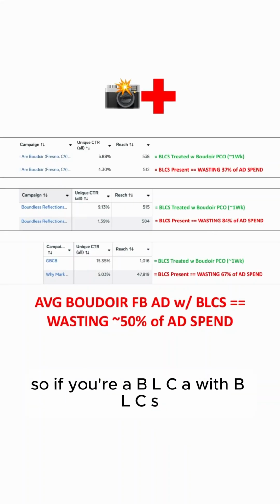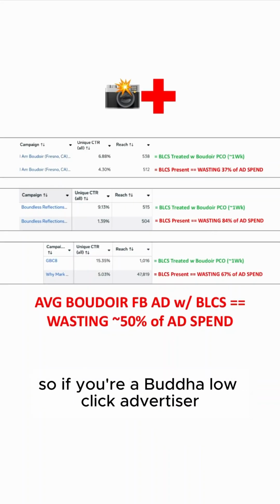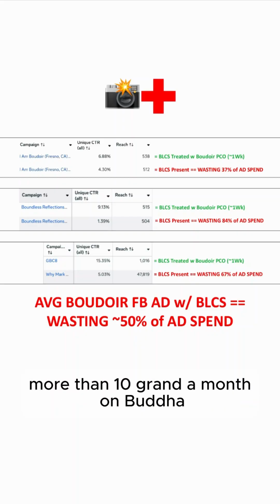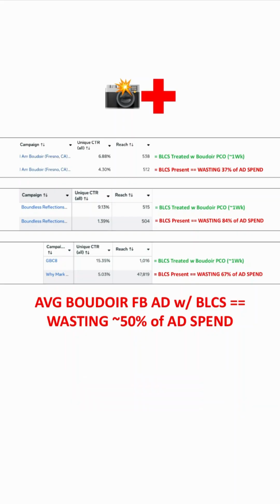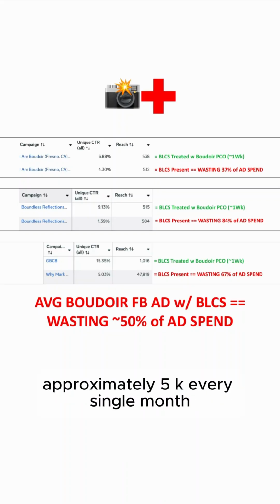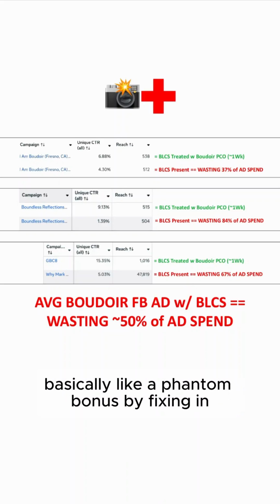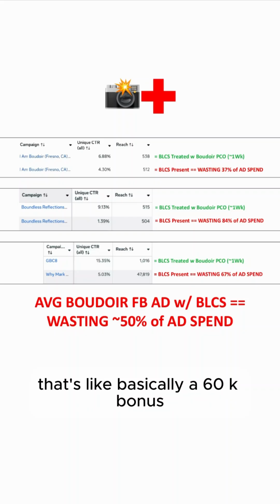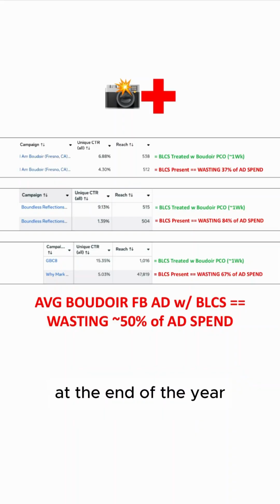So if you're a BLCA with BLCS, so if you're a Boudoir low click advertiser with Boudoir low click syndrome, and you're spending more than 10 grand a month on Boudoir Facebook ads, and you want to eliminate, save, put back in your pocket approximately 5K every single month, basically like a phantom bonus, by fixing your BLCS trio with Boudoir Pico, that's basically a 60K bonus at the end of the year.